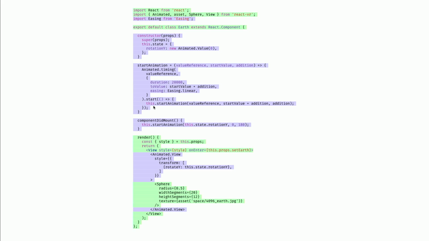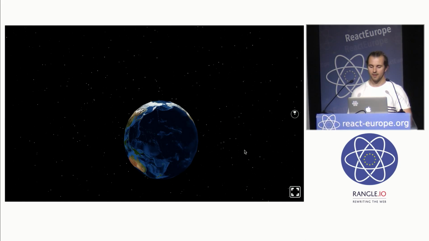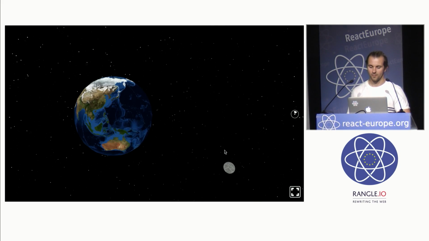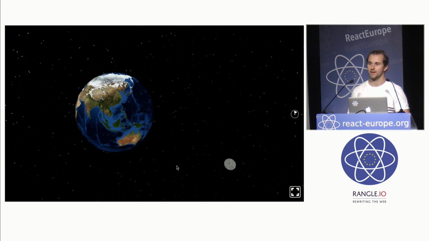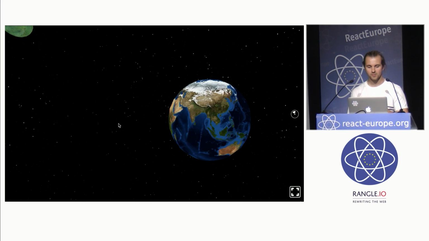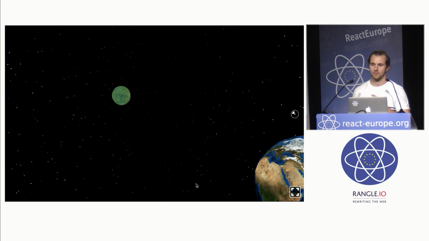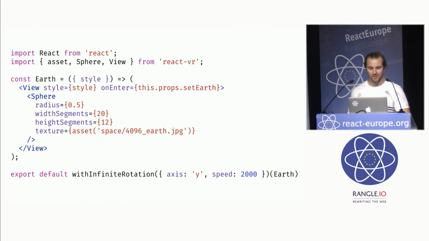But what happened here, and this is a really interesting use case, is I not only had Earth, I had multiple planets in my React VR scene. So I had this one and this one on top. And all of them needed this infinite rotation, because planets just rotate, you know? So what can we do? This is a perfect use case where I can make a higher order component.